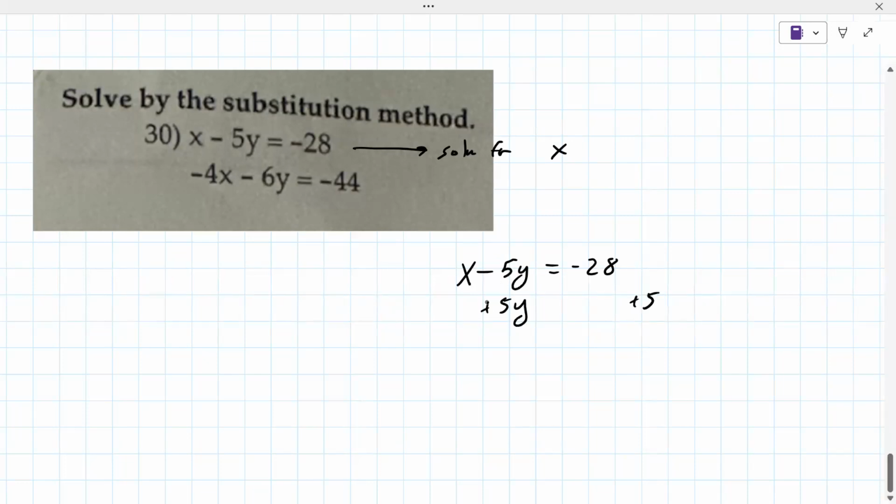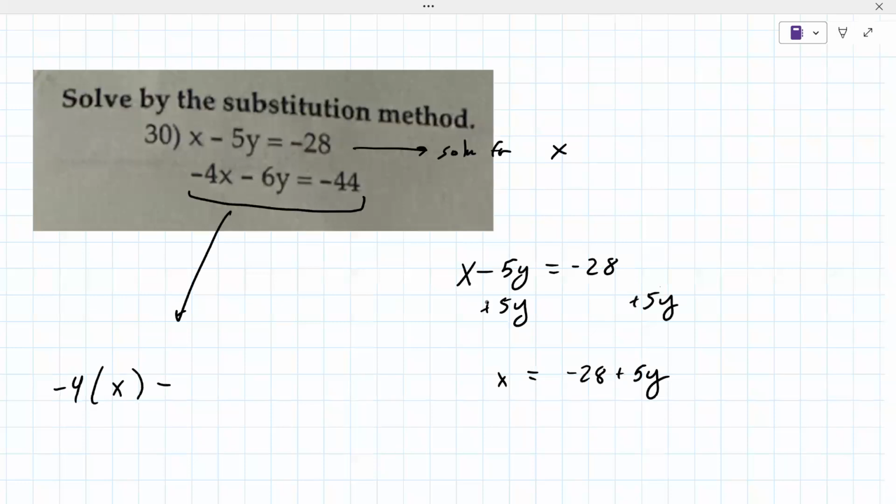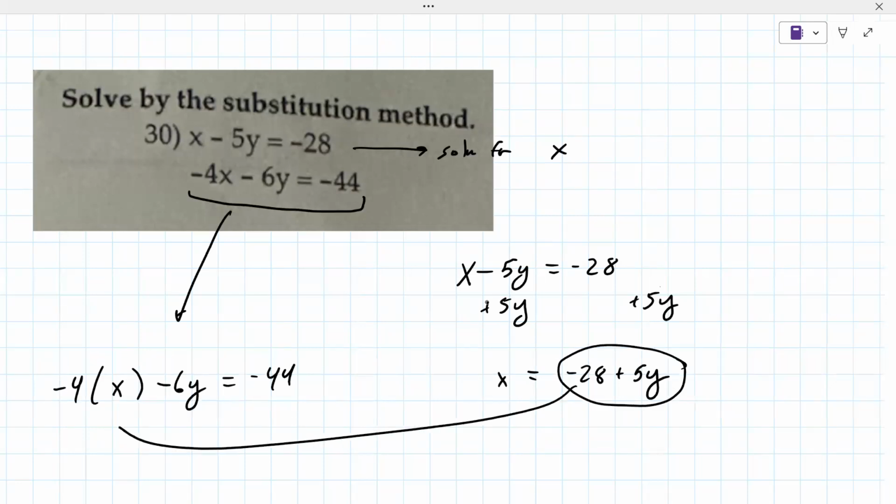Good. Now I have a tiny preference for putting the variable first, but it really doesn't matter ultimately. It's whatever you're comfortable with. Okay. So now in the other equation here, we're going to treat that x like it's in parentheses, and this is going to go in for x.